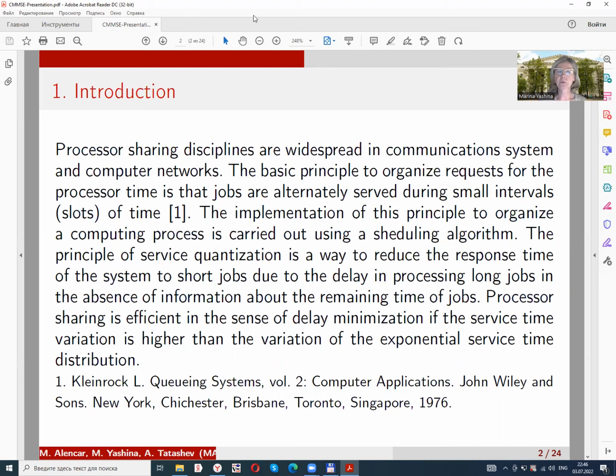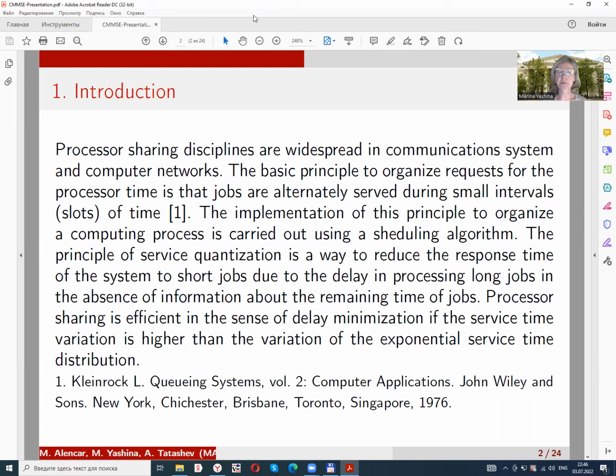The principle of service quantization is a way to reduce the response time of the system to short jobs, due to the delay in processing long jobs, in the absence of information about the remaining time of a job.